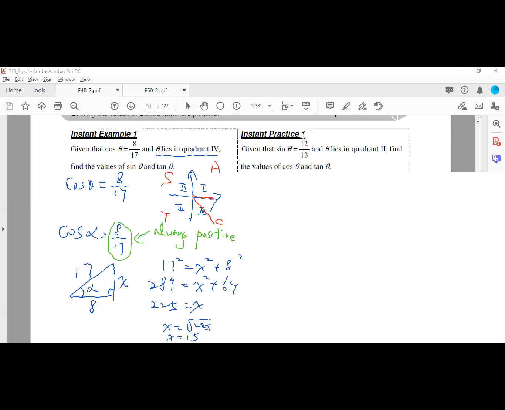Okay, which means that the opposite side is equal to 15. 好啦，跟住咧，我哋會寫翻 sine alpha. Sine is opposite side over hypotenuse, 15/17. And then tangent alpha is opposite side over adjacent side.